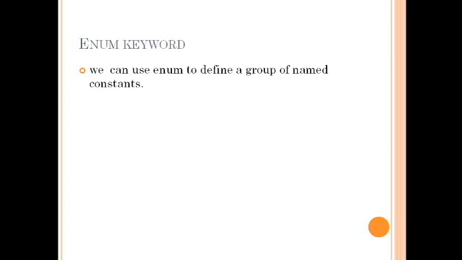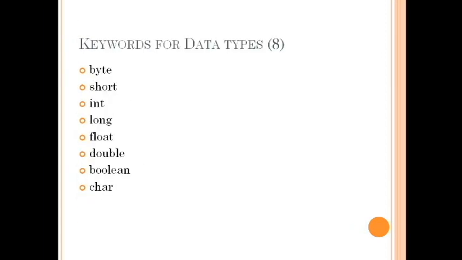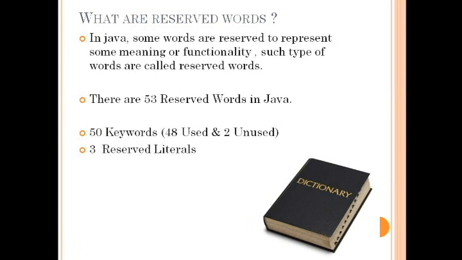Let us now revise what we have learned till now. The reserved words are used to represent some meaning or functionality, and the meaning of those words is already known to the compiler.